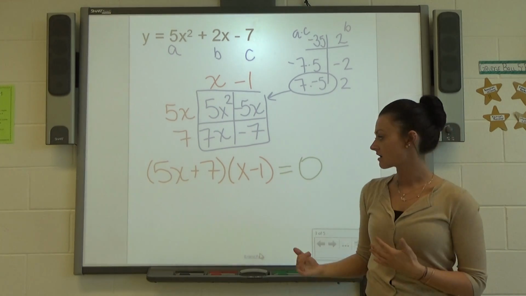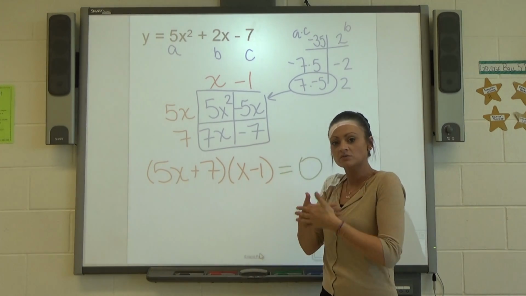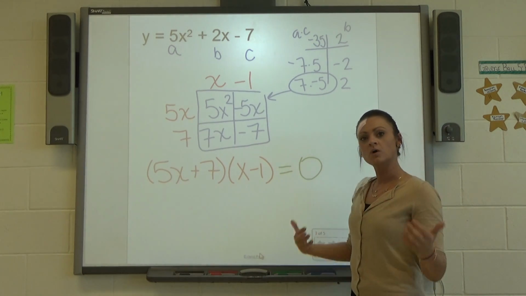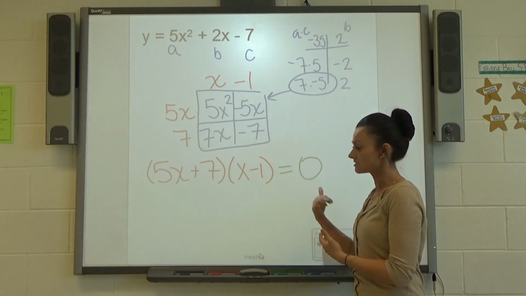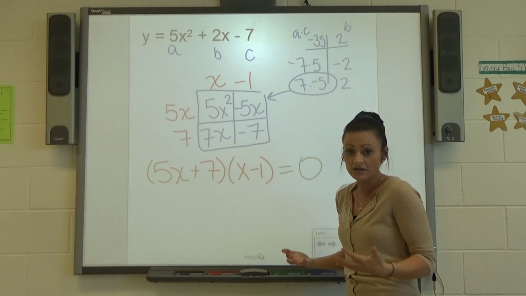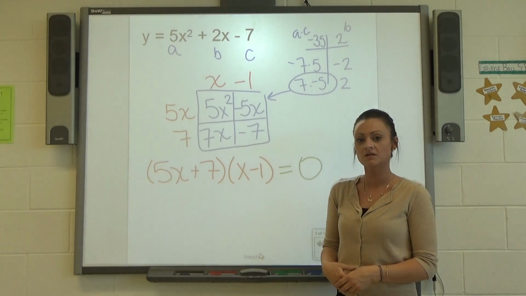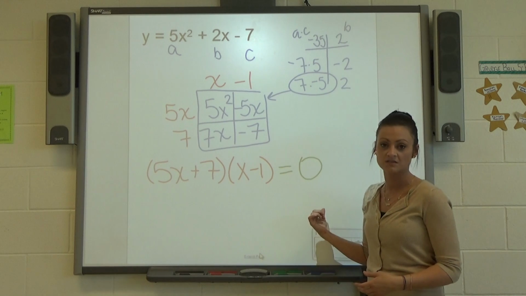So now I have to think, okay, this is multiplication. So 2 things are being multiplied together and ending up equaling 0. So what would I have to multiply with in order to get it equal to 0? One of these pieces has to end up being 0 in order for me to end up having this whole multiplication turn out to be 0.